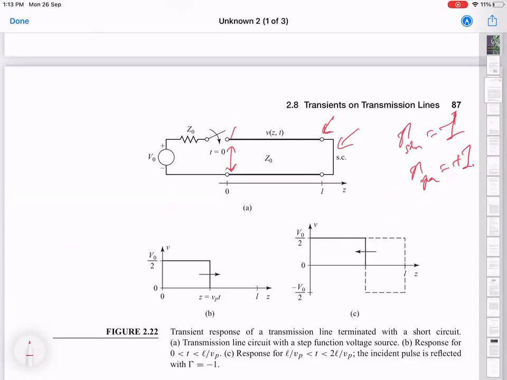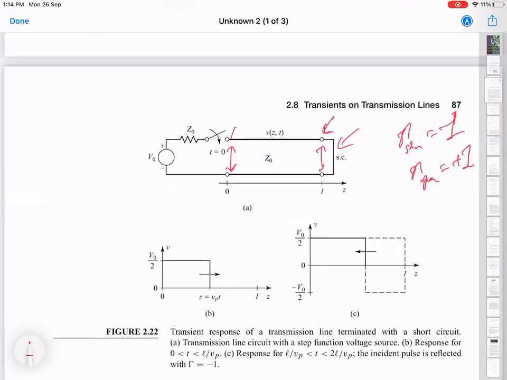So you now have a wave which is exactly the opposite sign. At that point, the voltage will also go to 0, because V plus plus V minus will be 0. So the total voltage here also has to be 0. In fact, that is the boundary condition. To satisfy that, a forward going wave coming with amplitude V0 by 2 has to set up a backward going wave of the same and opposite magnitude, so that the sum of those two adds up to 0 at that point.